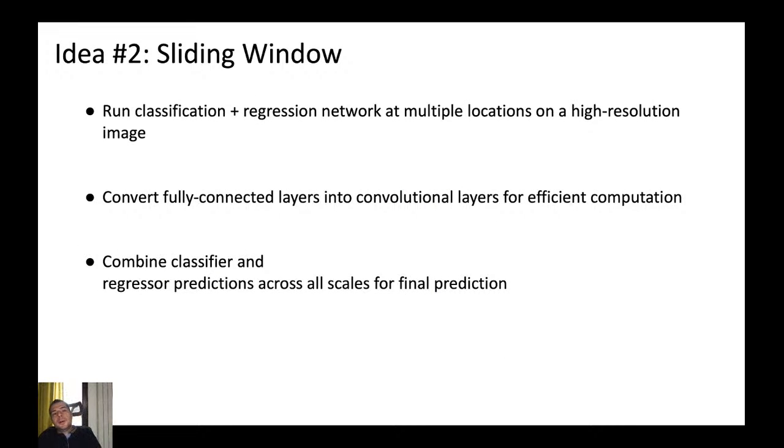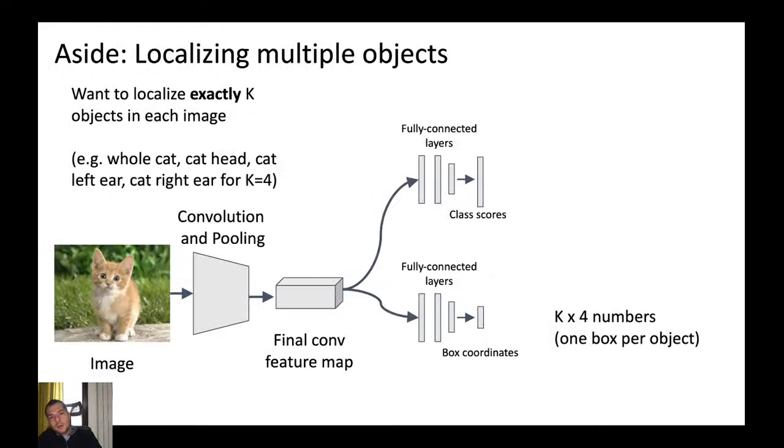So this is one idea of how we can use this classification plus localization framework to detect multiple objects. The only problem is we can only localize a fixed number of objects.